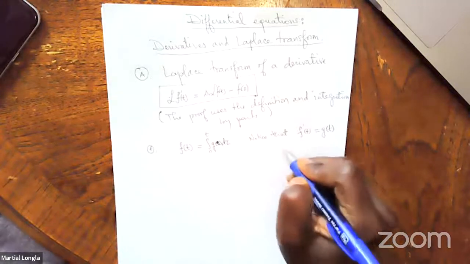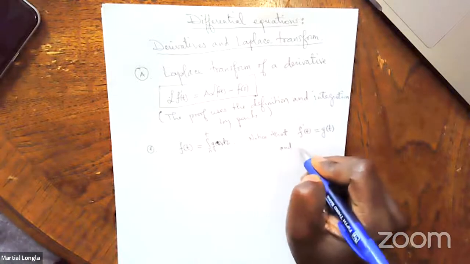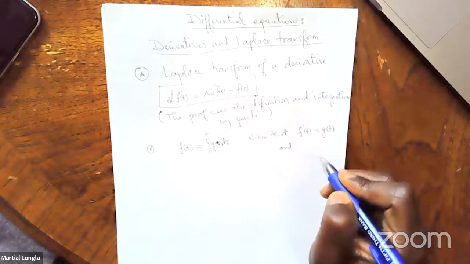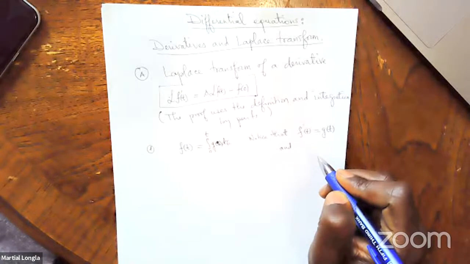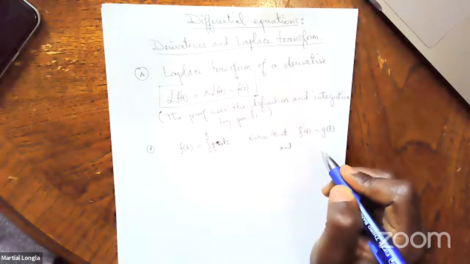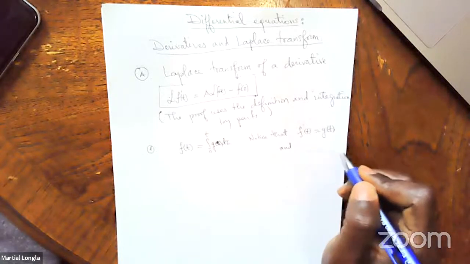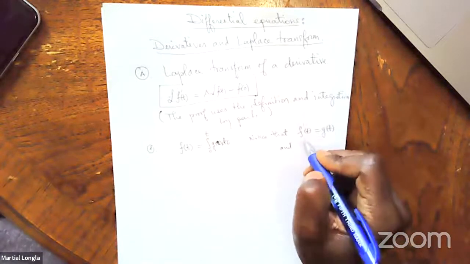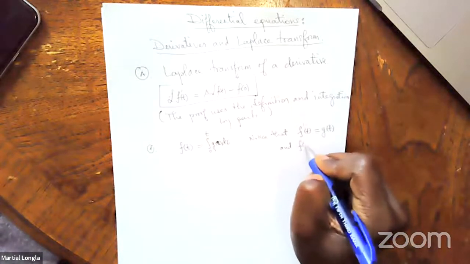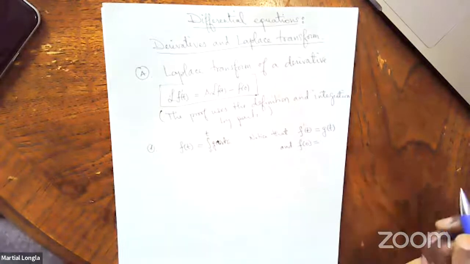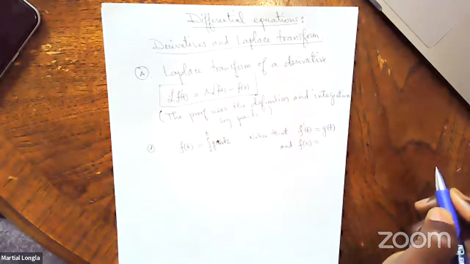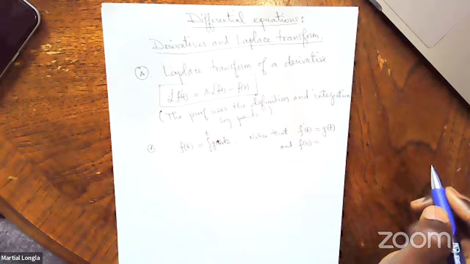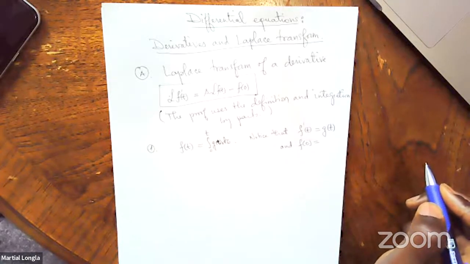And moreover, what is f of 0? What's f of 0 in this case?